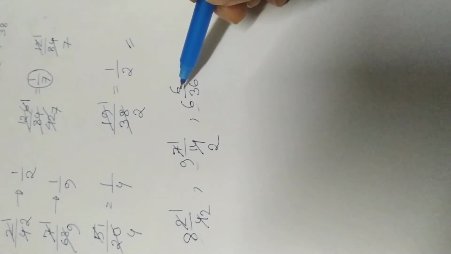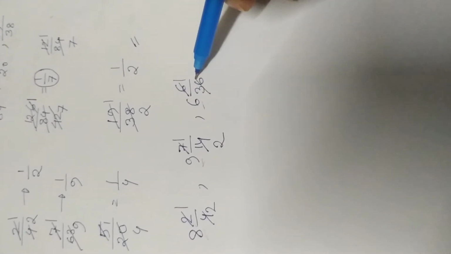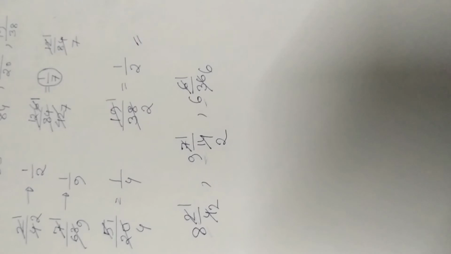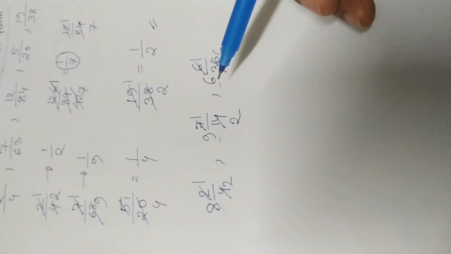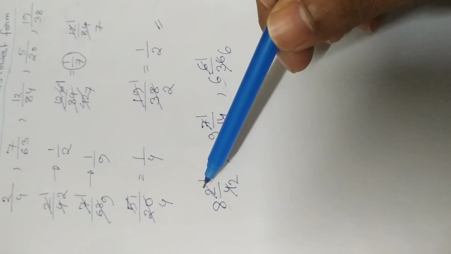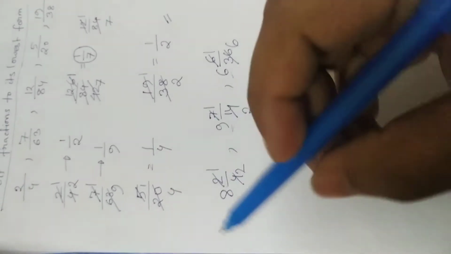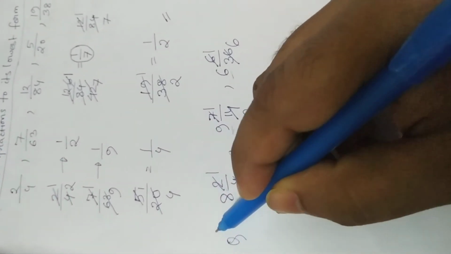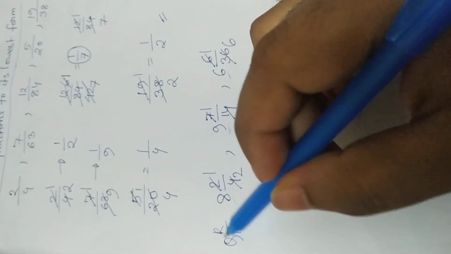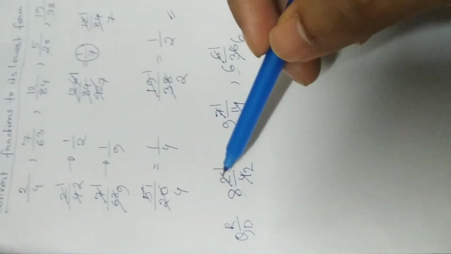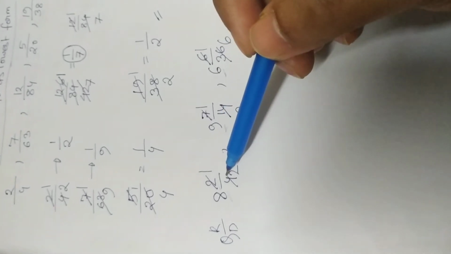And similarly in this case as well, 6 ones are 6, 6 sixes are 36. So whenever we get a mixed fraction, we need to check if the remainder and divisor can be converted into lowest form or not. If you remember, in the last class I said mixed fractions are always in this form: quotient, remainder by divisor.